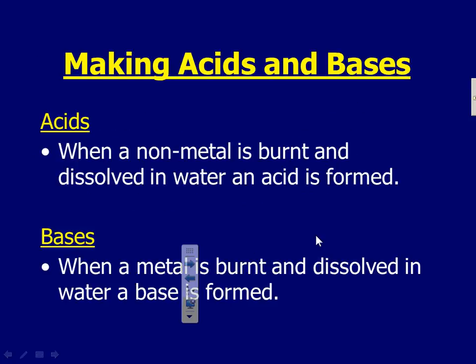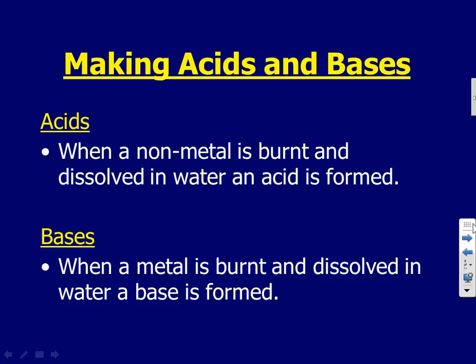So how are bases and acids made? Well, they're made from metals versus nonmetals, and we've seen that all the way along for quite some time. When you've got metals, something happens in a certain way, and when you've got nonmetals, other things can happen. So when a nonmetal is burnt, we burn it in air, and we take that stuff that's left, like the ashes, and we mix it with water, the nonmetals will produce acids.